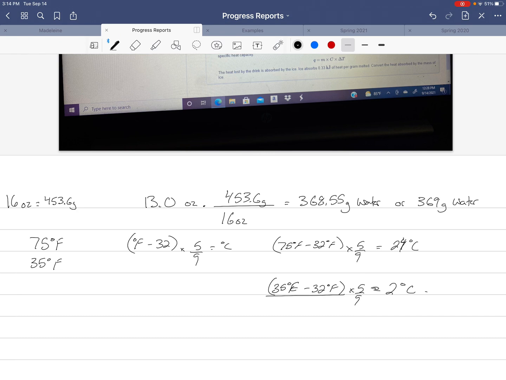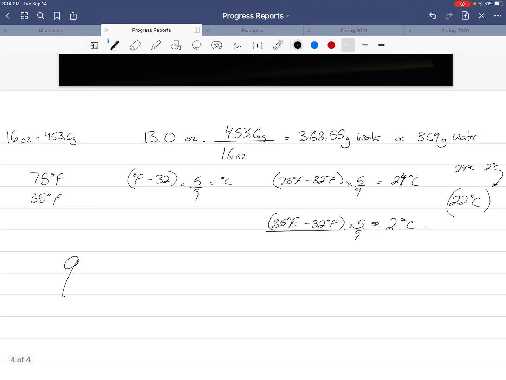So now the delta T is 22 degrees Celsius if I subtract these two, right? 24 degrees C minus 2 degrees C, I actually get 22 degrees Celsius. So that's way bigger than 4.4. Easy to do, but there we go.